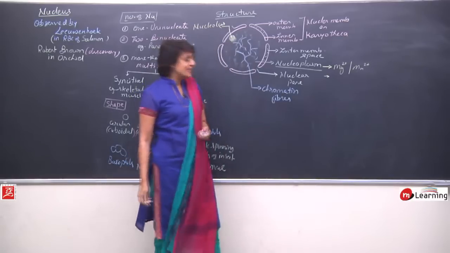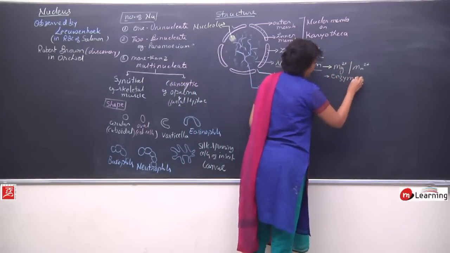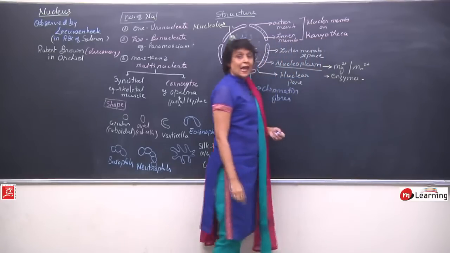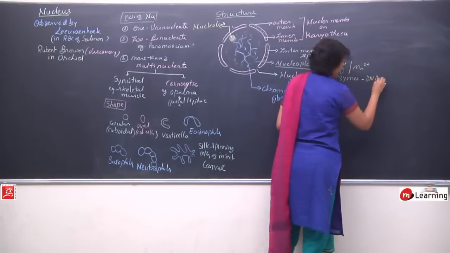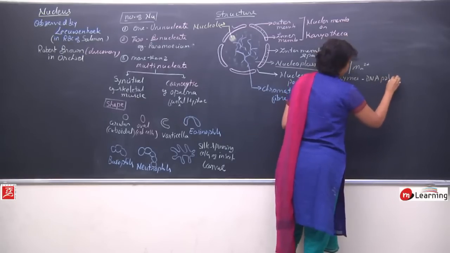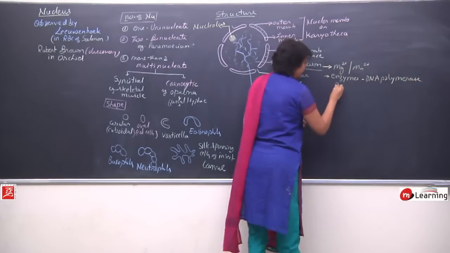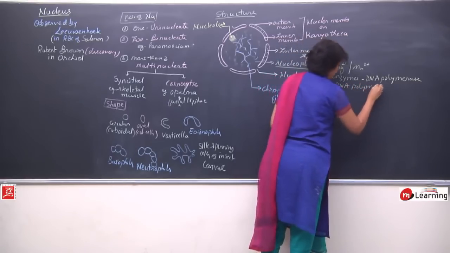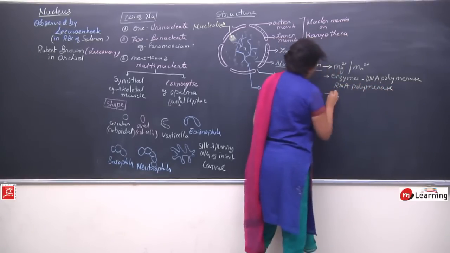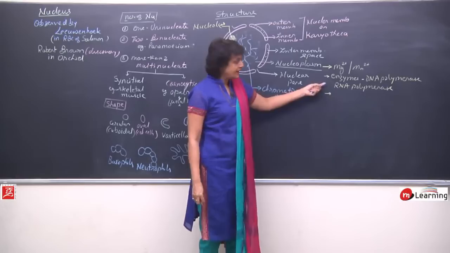Nucleoplasm also has enzymes like DNA and RNA polymerases. DNA polymerase, RNA polymerase. That means enzymes which are required for synthesis of DNA and RNA.